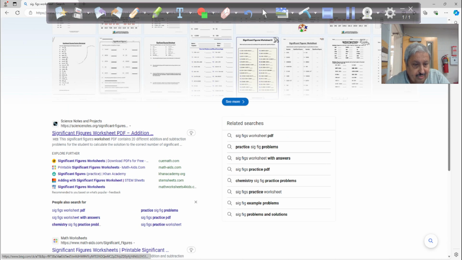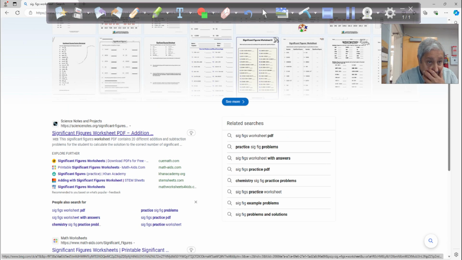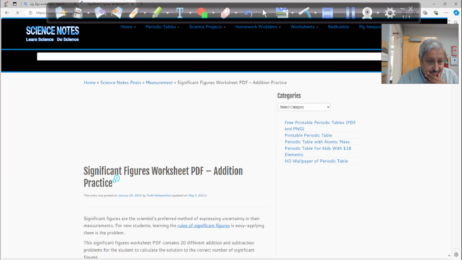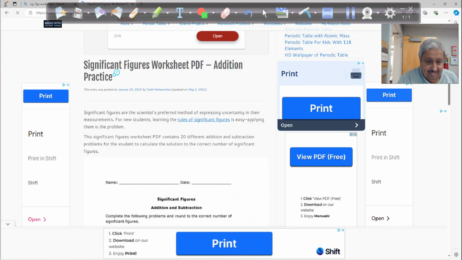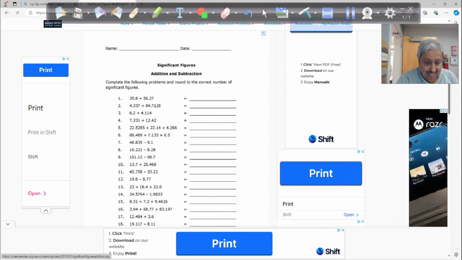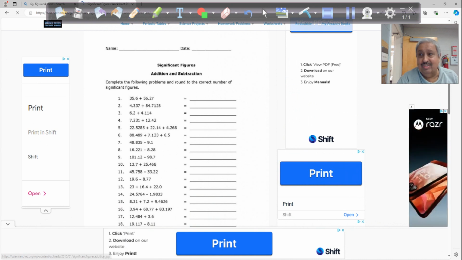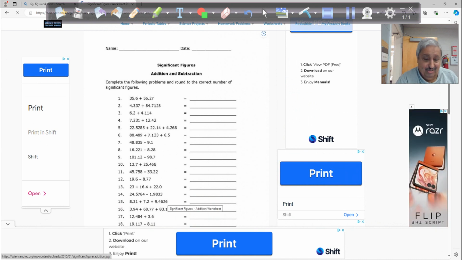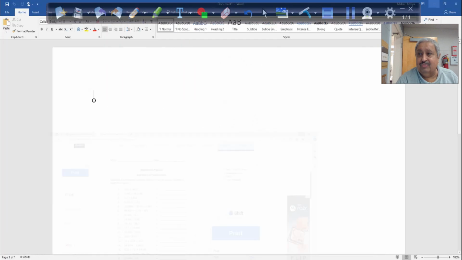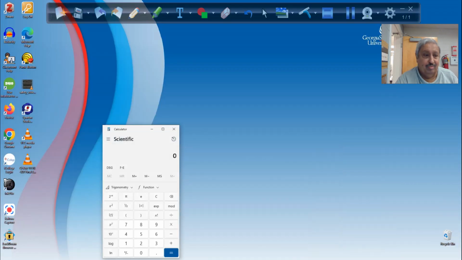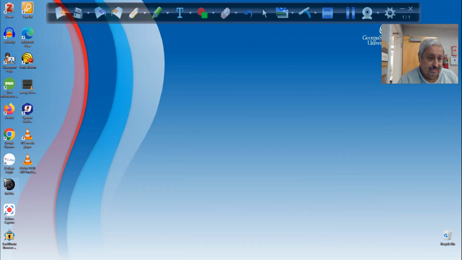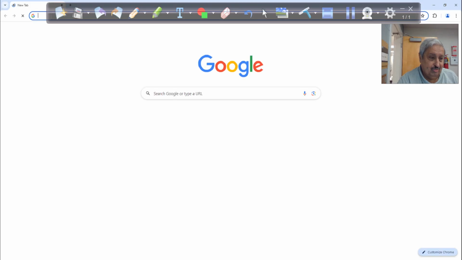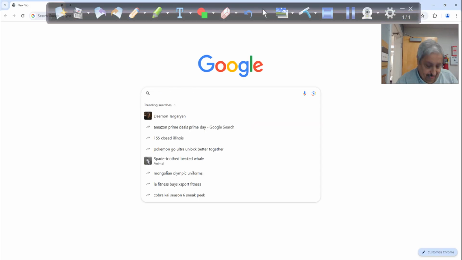Yeah, that's the bad thing about Bing versus Google. Bing is so limited. Now, if I go for Google, you will see a lot of worksheets available to you, more than you can think about. So anyway, let me go for Chrome.